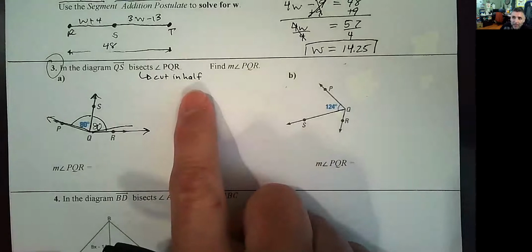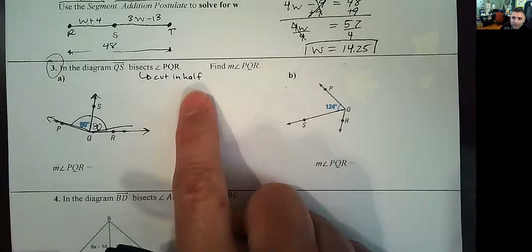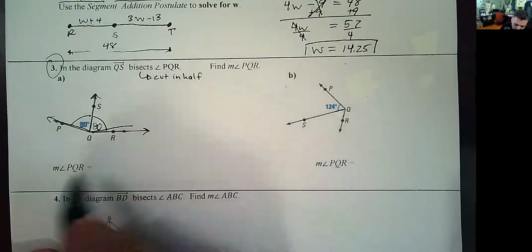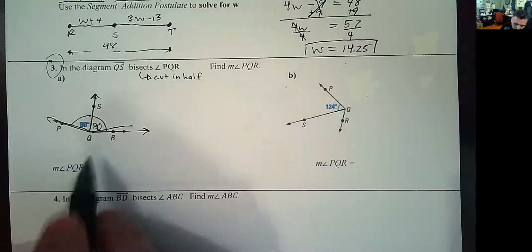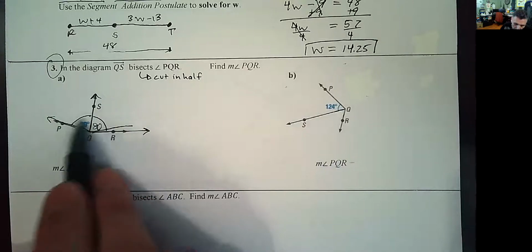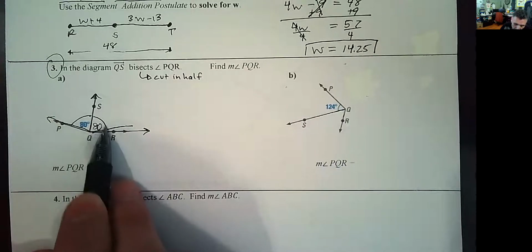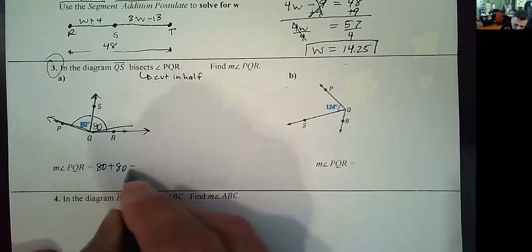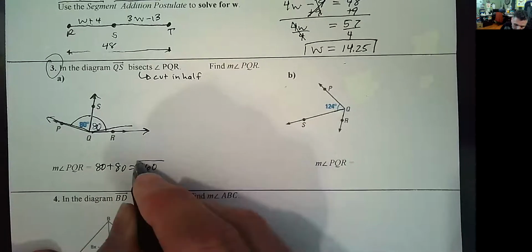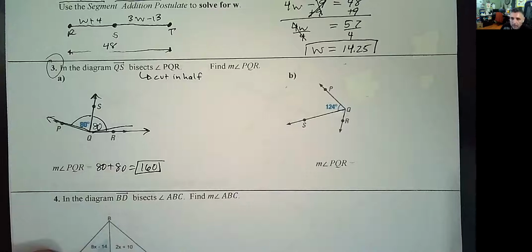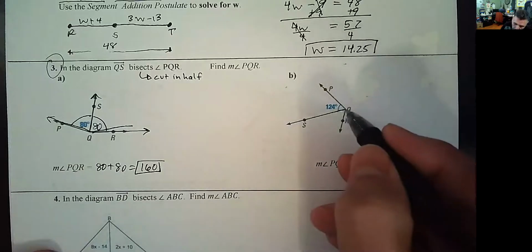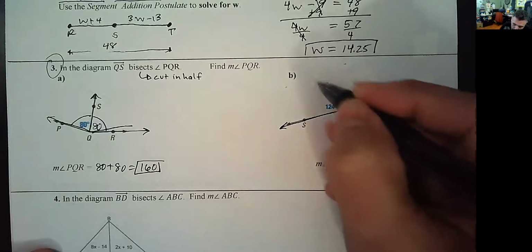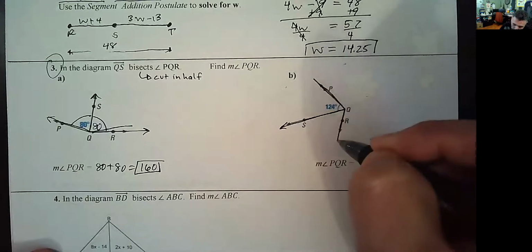When you cut something in half, you cut it into two equal pieces. So that's how I know that these two are 80. So now I know the measure of PQR, which is from here to here. Well, that's 80 plus 80, 160. Okay, same thing over here. QS is bisecting PQR.